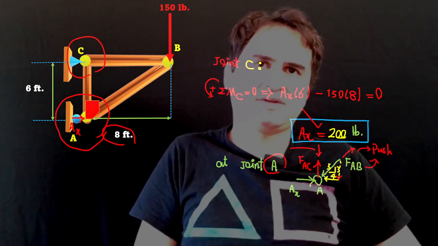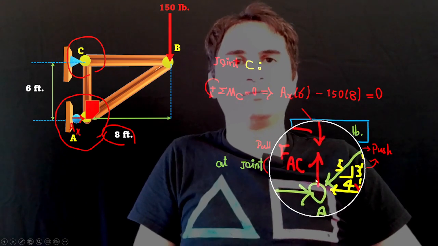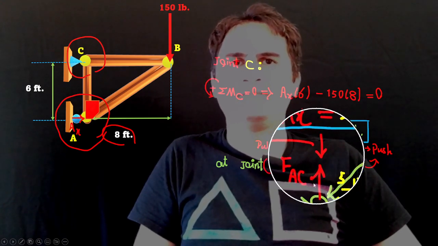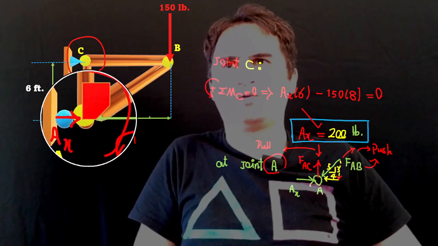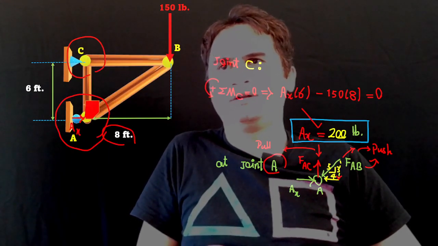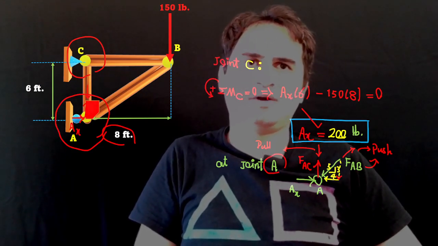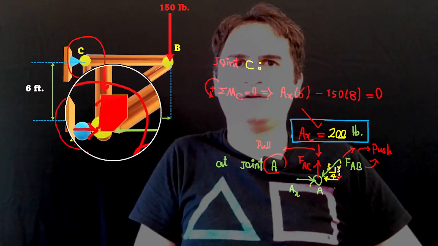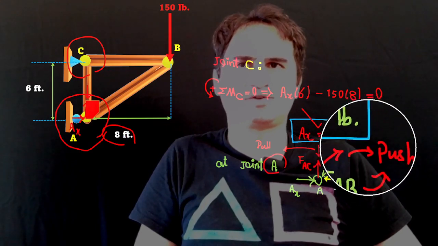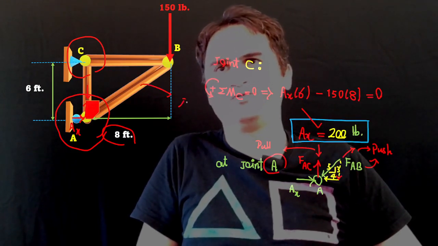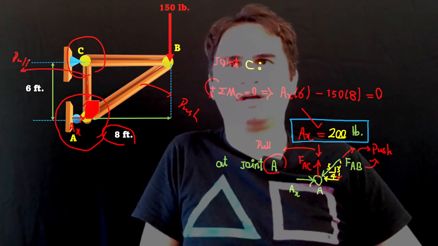At the same time, if a force pulls the joint, it definitely pulls the member as well. And for FAB, if a force pushes a joint, it pushes the member as well. So FAB is a push member, a compression member. FAC is a pull, a tension member.